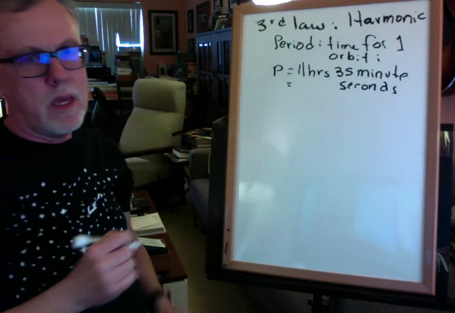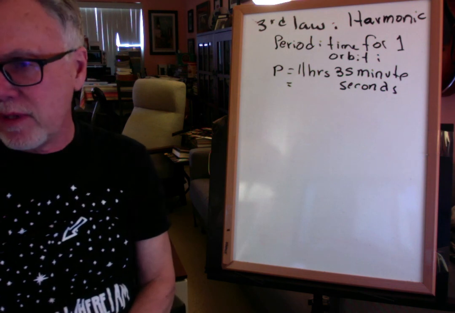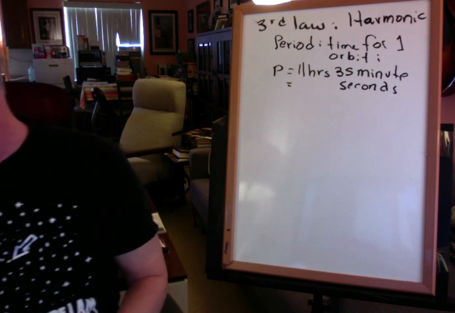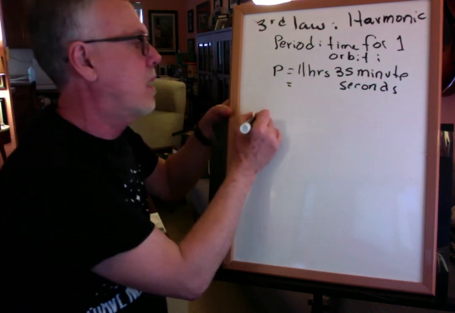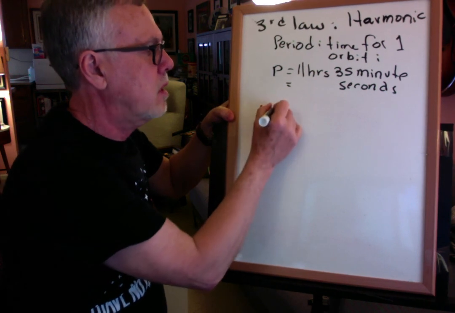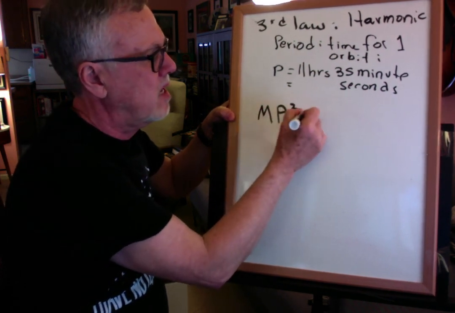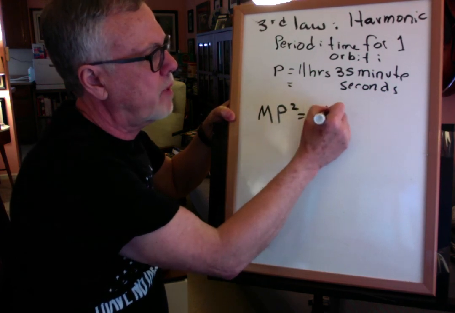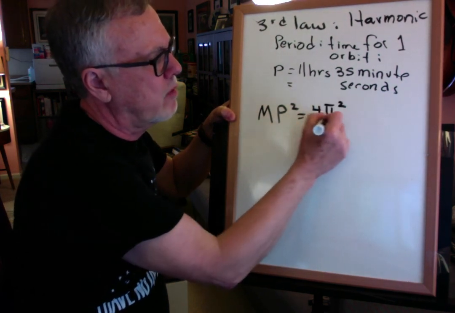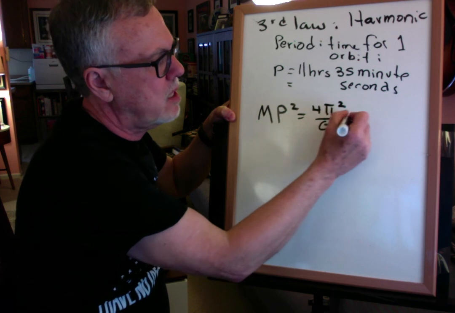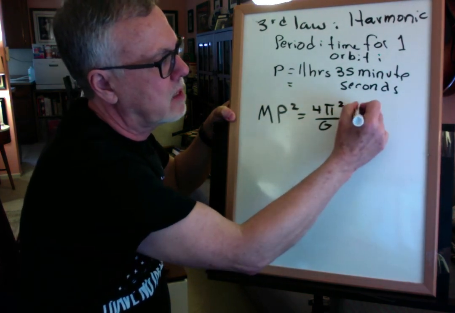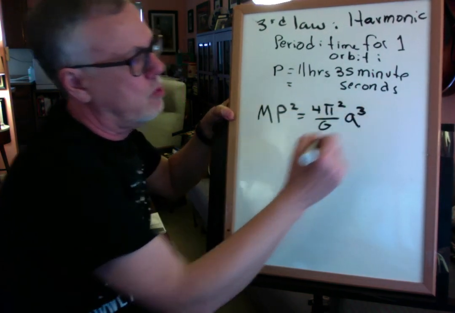And the equation for this is this one right here. It's the mass of the moon times the period squared is equal to a constant, 4 pi squared over big G, times the semi-major axis cubed.